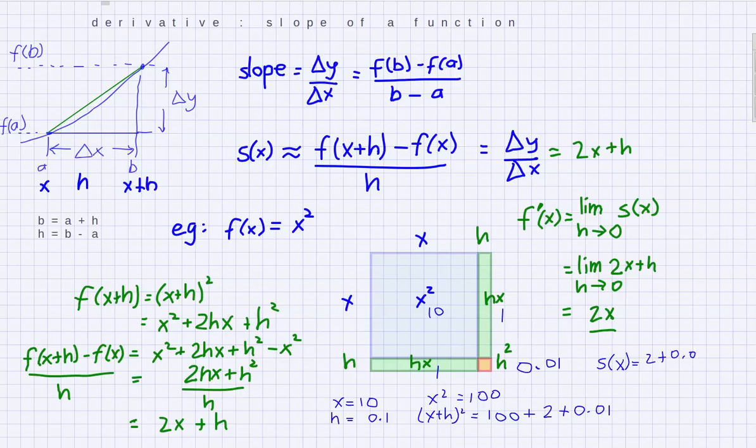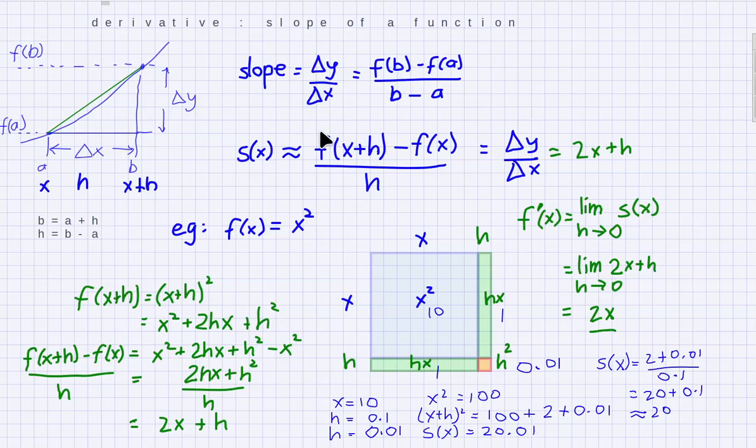So slope of x is 2 plus 0.1 over 0.1, which equals 20 plus 0.1, which is approximately 20. And of course we could make h smaller. We could look at 1/100th instead of 1/10th, so 0.01. Then slope of x will equal 20.01.